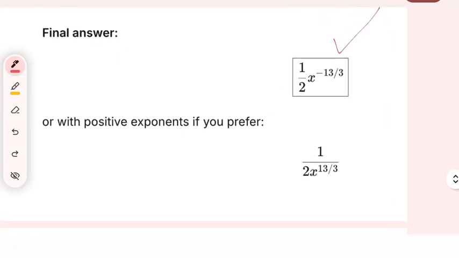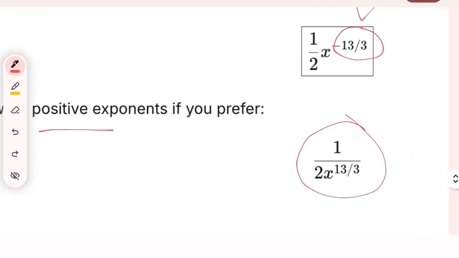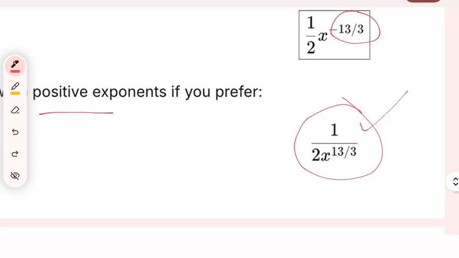That is with a negative exponent, but if your professor will not allow you to have a negative exponent, you can always convert it into a positive exponent. So we place it in the denominator. It would be 1 divided by 2x raised to the power of 13/3. So that could be your final answer with a positive exponent.